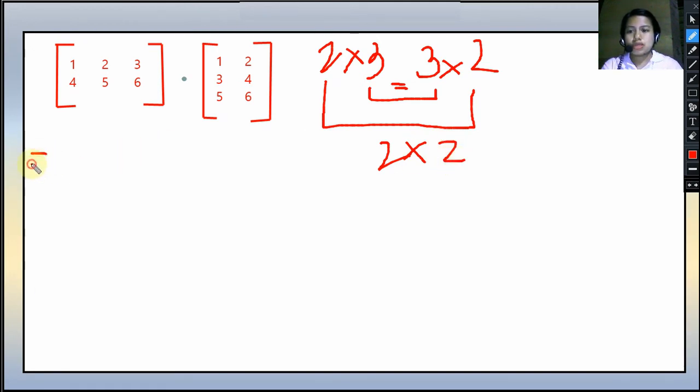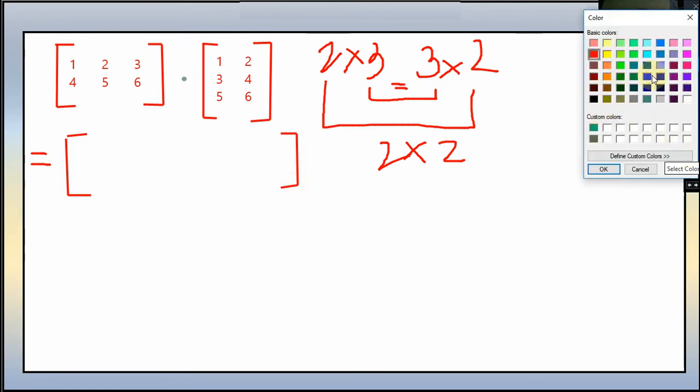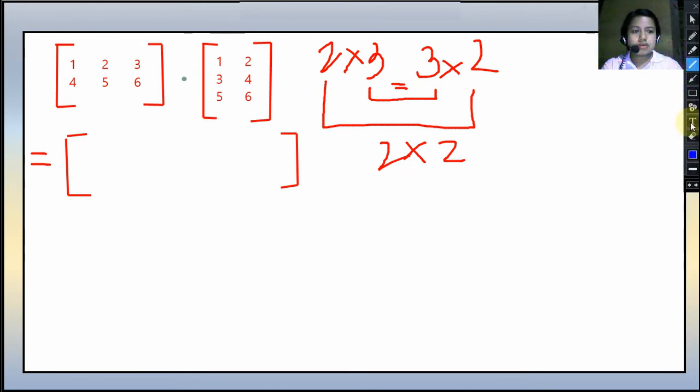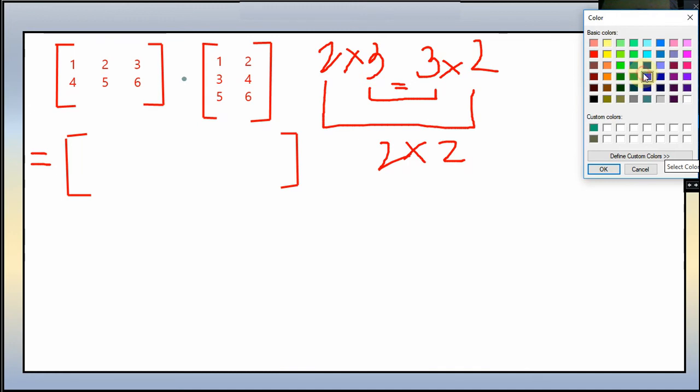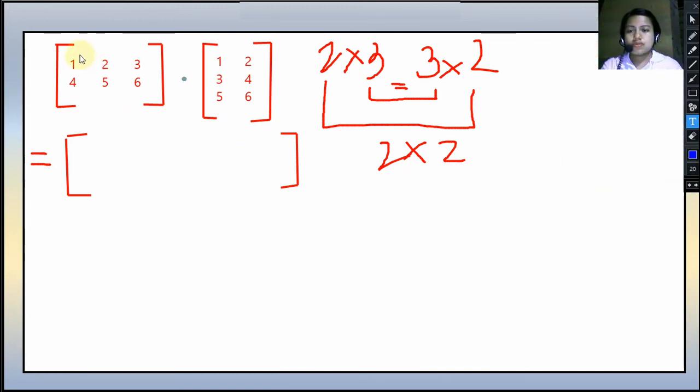Now let's proceed to the computation. In order for us to get the entries for our 2 by 2 matrix, we need to single out row 1 and column 1.